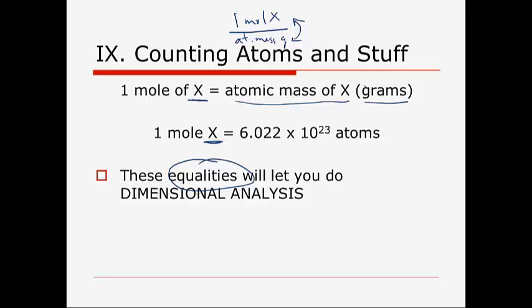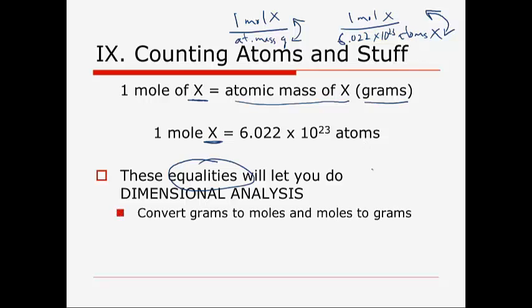We can put moles of X on the top, and 6.022 times 10 to the 23rd atoms of X. Or I can flip the top and the bottom also. Okay? These are equalities. You can change moles into grams, grams into moles, moles into atoms, atoms into moles. Okay?